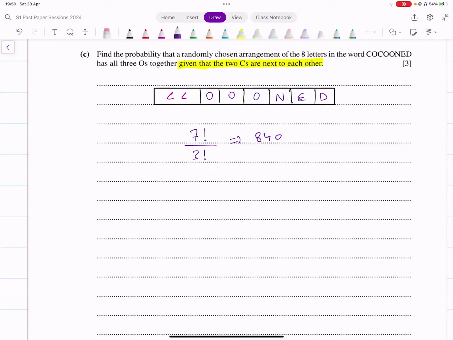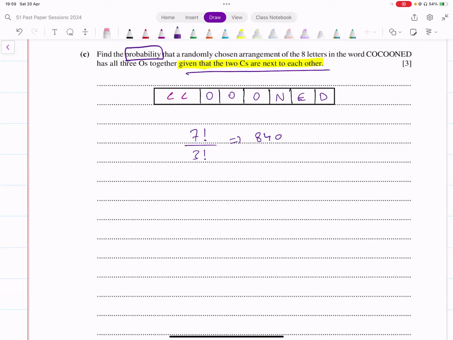All right. So these are the cases that we're going to have in the denominator. Now, out of them, in how many cases do we have the three O's together? Sir, the question said that the O's should be together. So why aren't we putting all the three O's in one box? The question says find the probability that all three O's are together, given that the two C's are together.